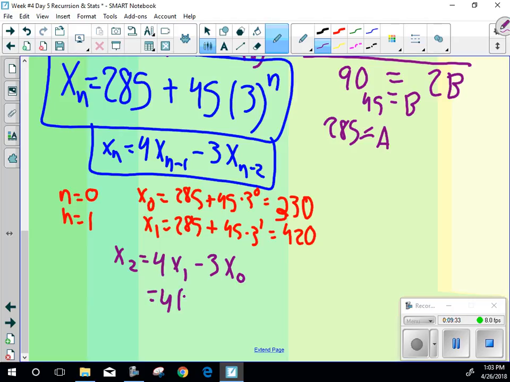So 4 times 330 minus 3 times 420, what is that equal to? Actually, we need an x2 here too. How much? Just 60? Are you sure?